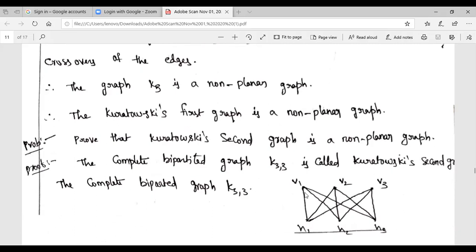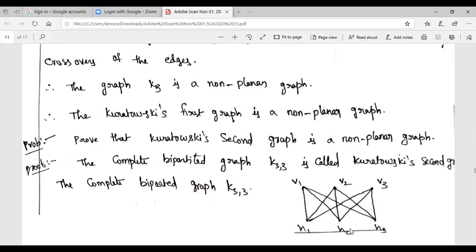So edges go from V1 to all the vertices of the other partition. So V1 to H1, H2, H3, V2 to H1, V2 to H2, V2 to H3, V3 to H1, V3 to H2, V3 to H3.